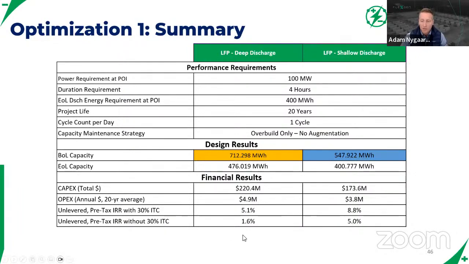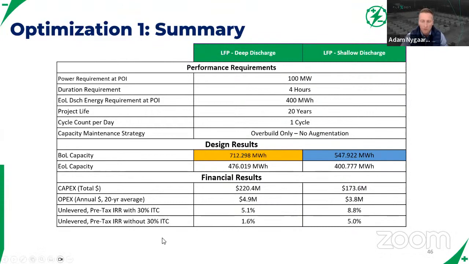So what does this mean? This means that your upfront CapEx is a difference of approximately $45 million, the 220 compared to the 173. Additionally, you see savings on the OpEx side because of fewer cells to maintain and service throughout that lifetime. And so what this looks like from a return perspective, and we have it shown both with and without ITC.